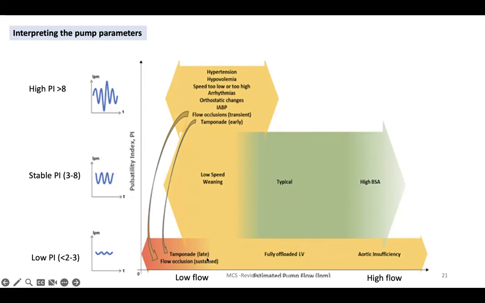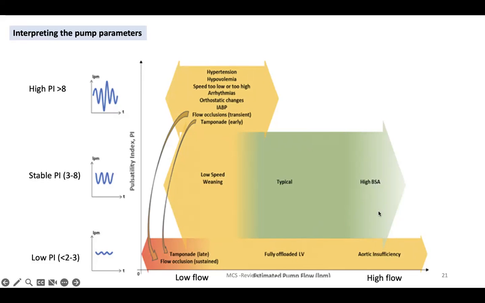And if you have low PI and low flow, this is bad. I mean, there is no blood flow through the pump, so you can have a tamponade or flow occlusion. And the normal setting is you have a stable PI and a normal flow. And if you have normal flow with low PI, maybe you have an offloaded LV, so you need a bolus of fluid or something like that.